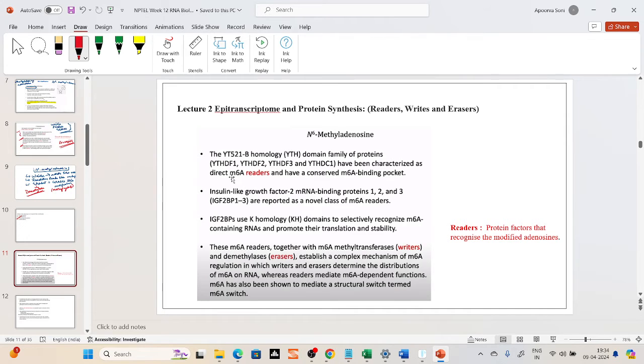Some examples of readers are YTHDF1, YTHDF2, YTHDF3. These YTH domain proteins are examples of readers, and they have a conserved m6A binding pocket. Others, such as insulin growth factor binding proteins, are also a class of reader.